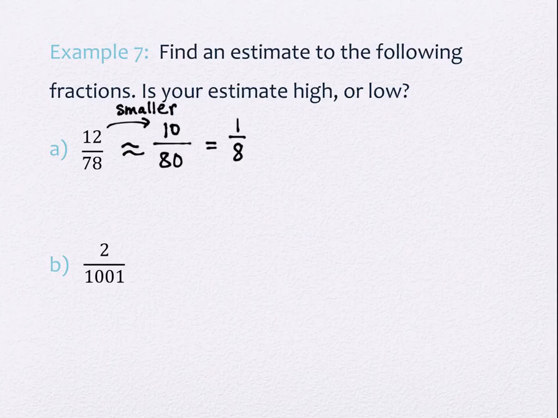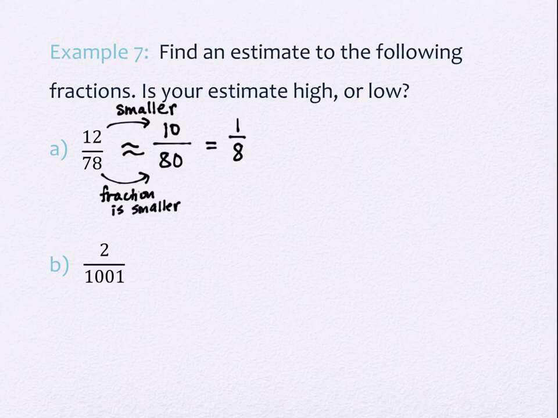If I took 78 and I turned it into 80, just thinking about 78 and 80, did I make the number 78 a bigger number or a smaller number? I made it a bigger number, but I made it a bigger number in the denominator. And what happens when you divide by something that's bigger? Yeah, the whole fraction gets smaller because the denominator is bigger.